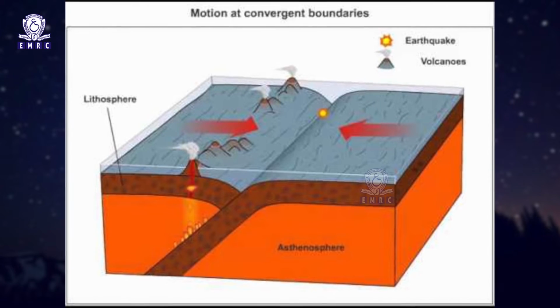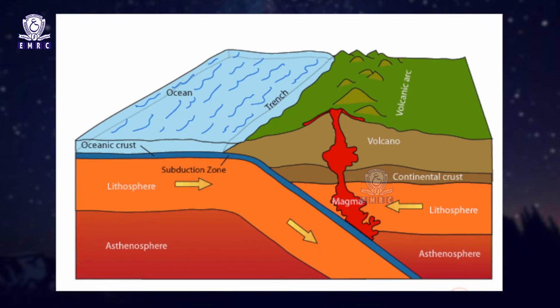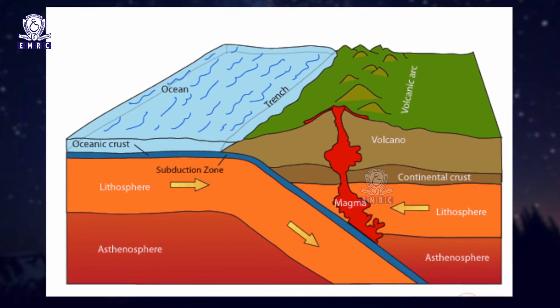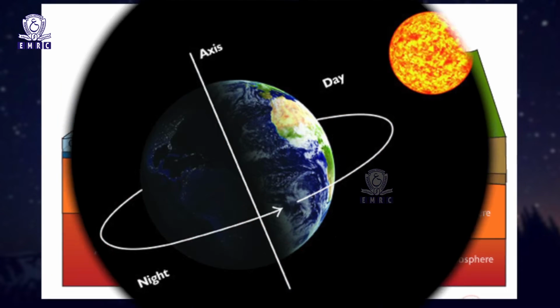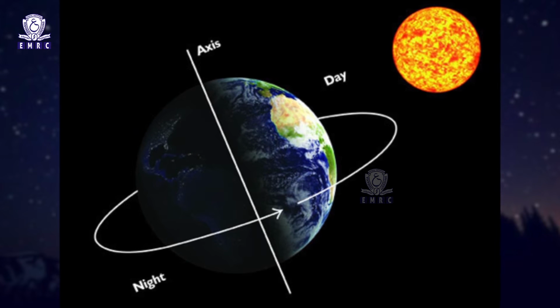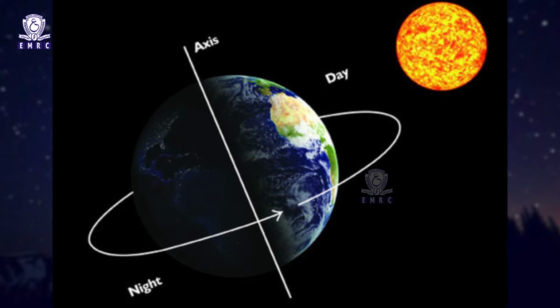Almost all the tectonic activity occurs along the plate boundaries. The thickness of the oceanic plate is less as compared to the continental plate. These plates are continuously in motion with respect to each other and to the Earth's axis of rotation.